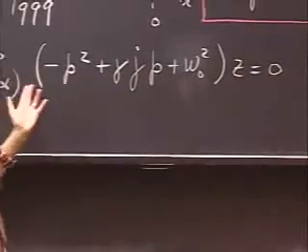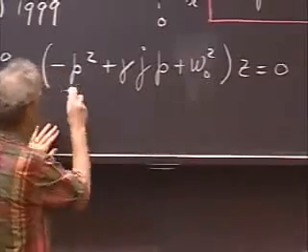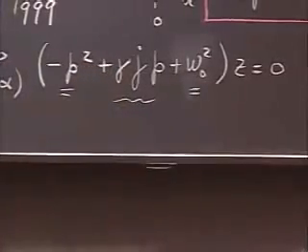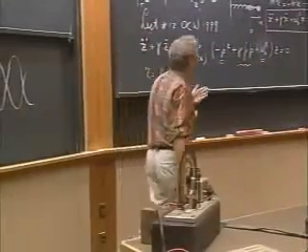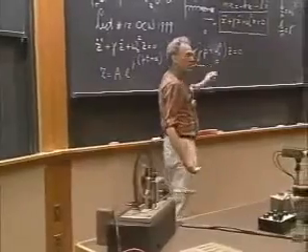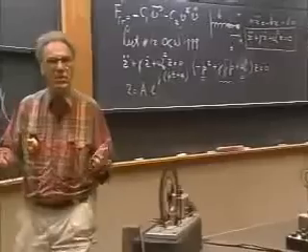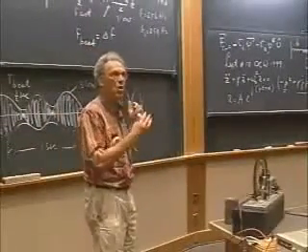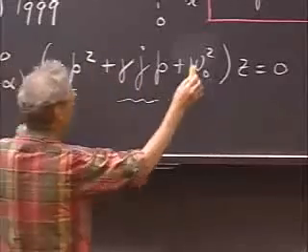If you have an equation which has a real part and an imaginary part, then both must independently be 0, for obvious reasons. These are apples, and these are oranges, and 5 apples minus 5 oranges is never 0 apples. You cannot subtract apples from coconuts. So this has to be 0, and this has to be 0.